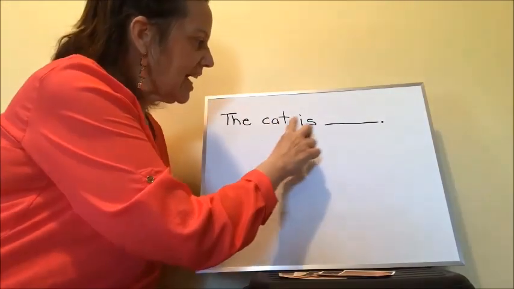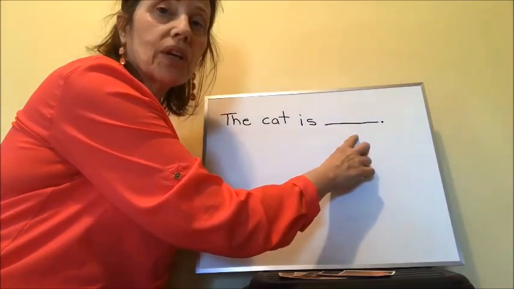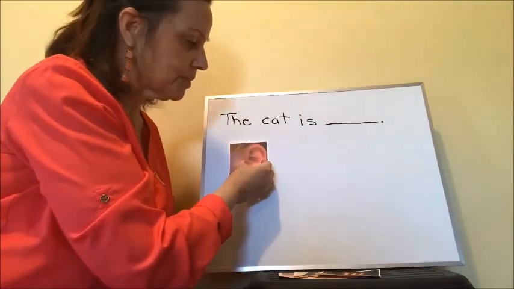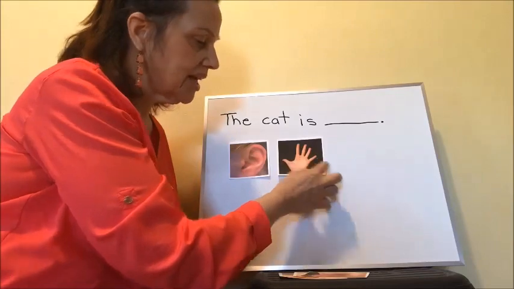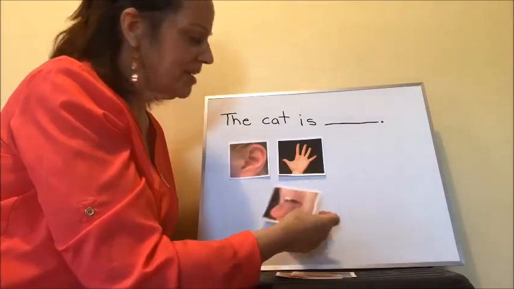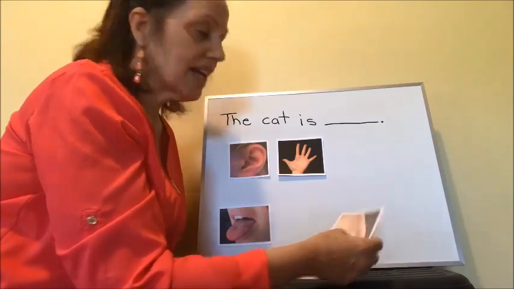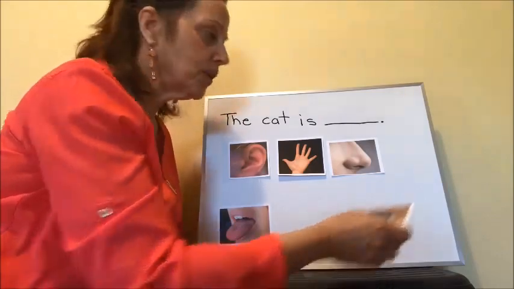The cat is, and now I need a describing word. It could be a word of what a cat might sound like, what a cat might feel like, maybe not what a cat would taste like, maybe what a cat smells like, but definitely what a cat would look like.